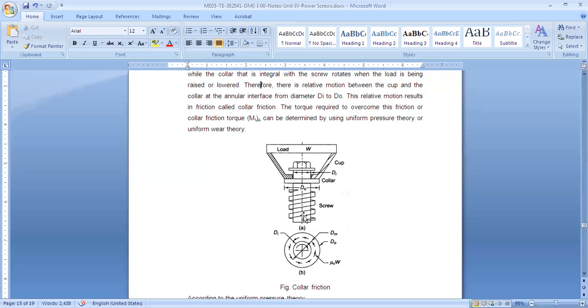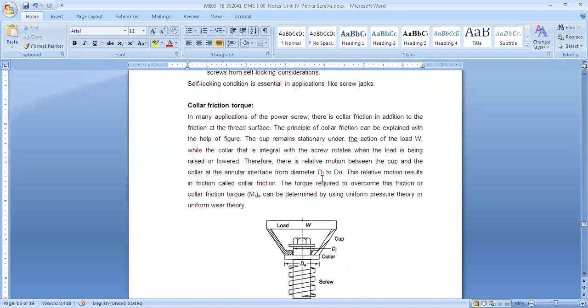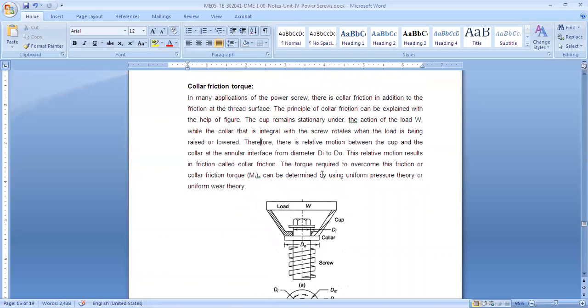But apart from that, since we cannot put our screw in contact with the object, we have to put another component called a cup in between, and there will be friction between the collar of the screw and this cup. The effort or torque required to overcome this friction is called the collar friction torque. Clear? So this is the concept of collar friction torque.